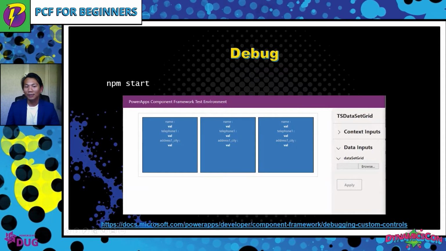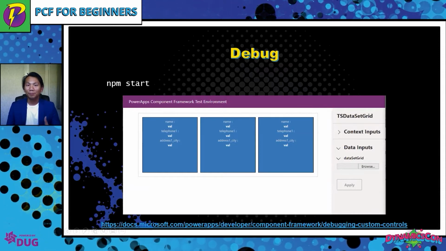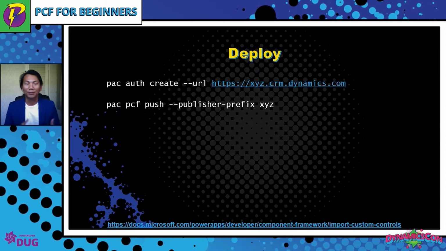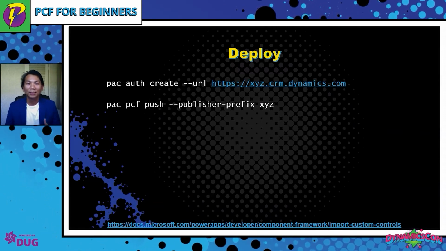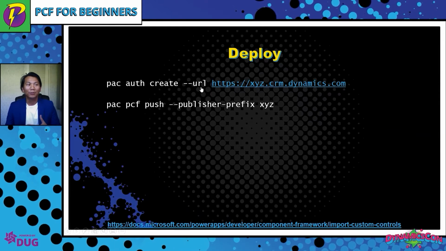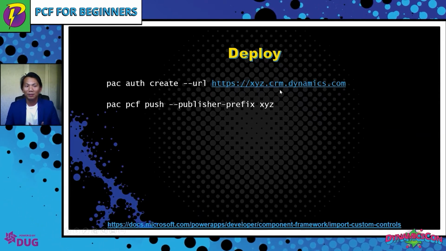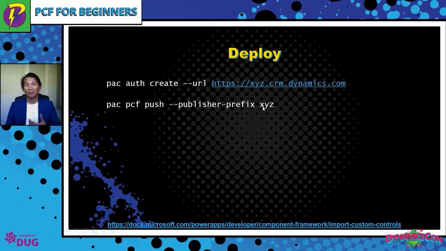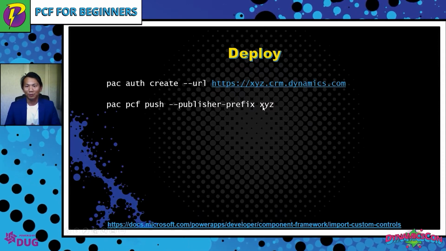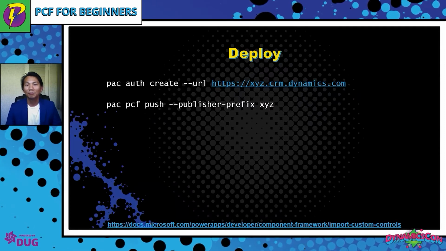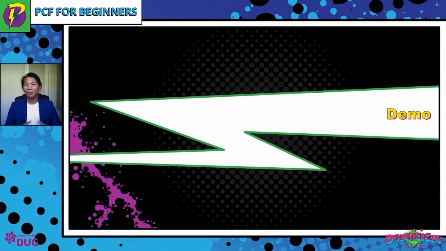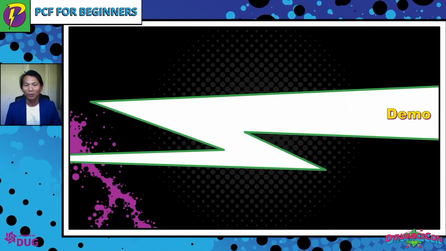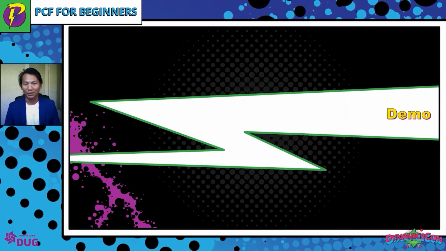And to apply the control to your test environment that I mentioned in the very first slide, the one that you created, you can first authenticate with your account, and then push it and set the publisher prefix for your control. Okay, let's start the demo for this, and we'll start building the PCF control.